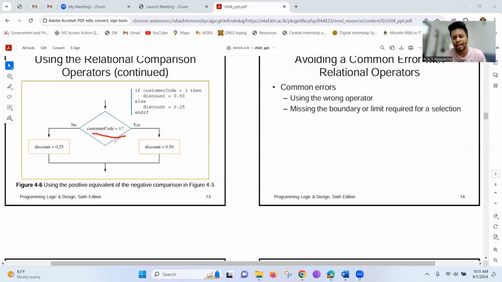Using the operator, we can combine the sentences. Yes, customer code equal to 1, yes or no. Then true and false answers may decide your discount value. So every time, please try to use these kinds of operators instead of statements.